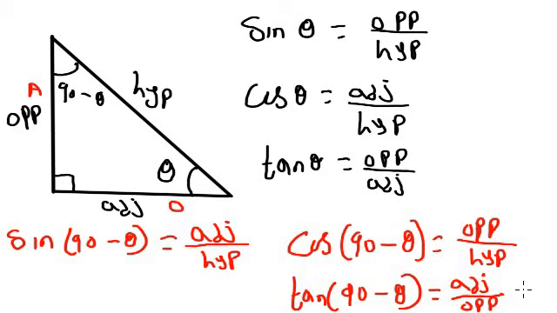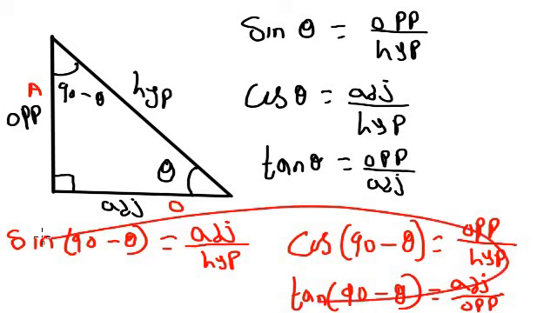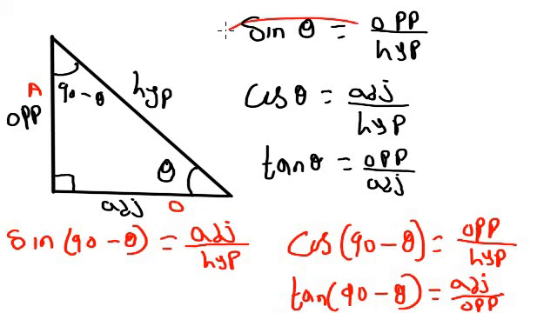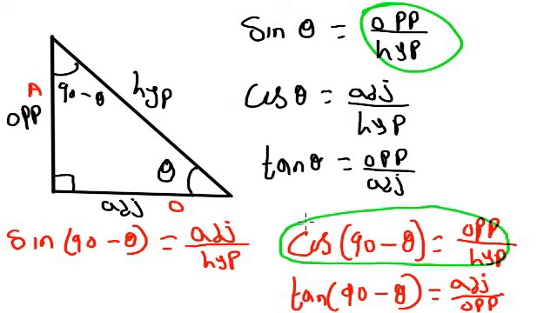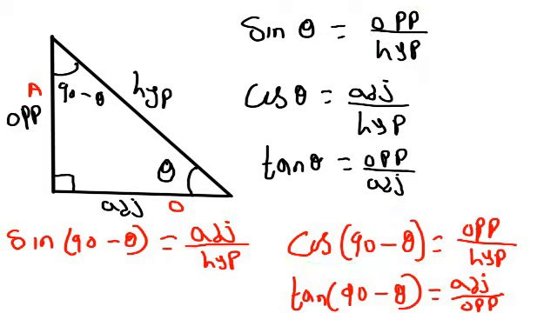Now at this point, we need to inspect. What do we observe between the ratios of 90 minus theta and those of theta? You notice that sine theta, which is opposite over hypotenuse, produces the same ratio as cos 90 minus theta. And this brings up the idea of complementary angle trigonometric ratios.